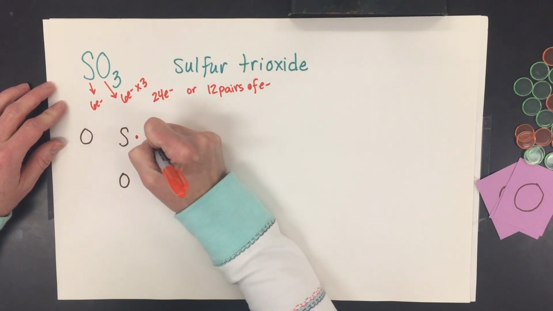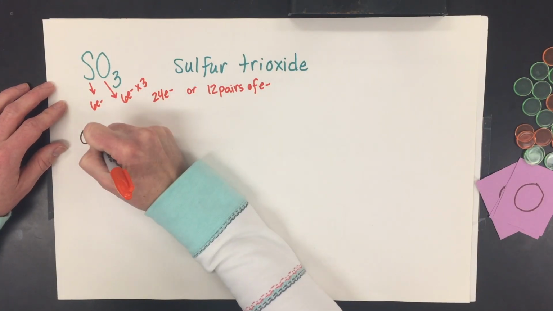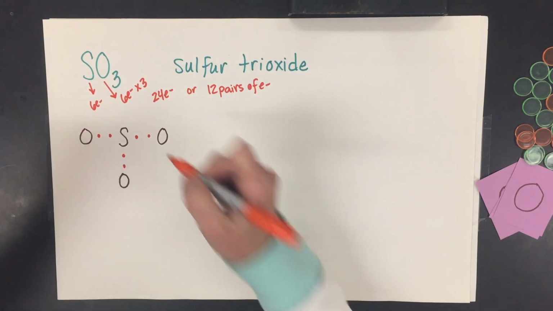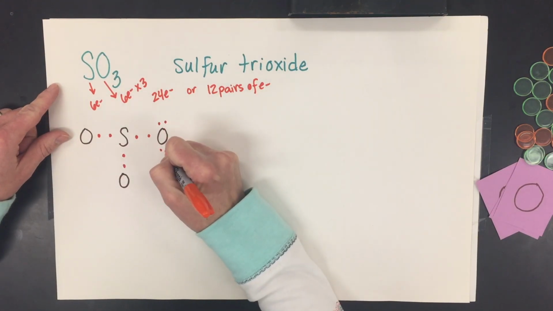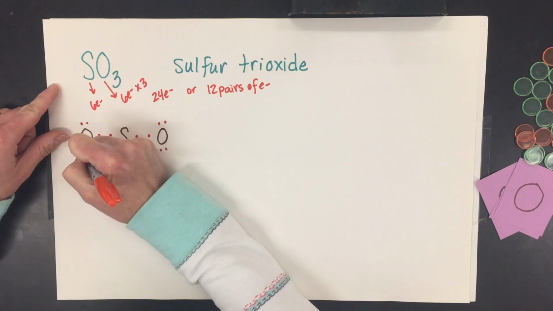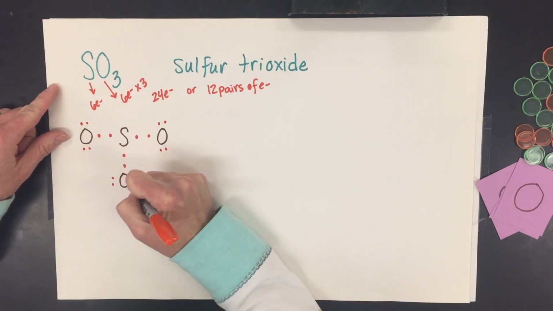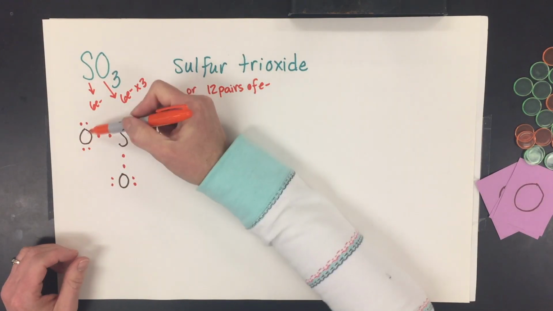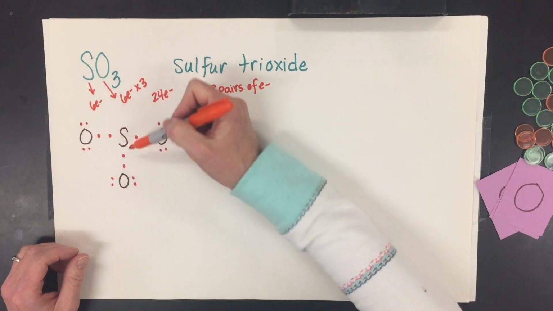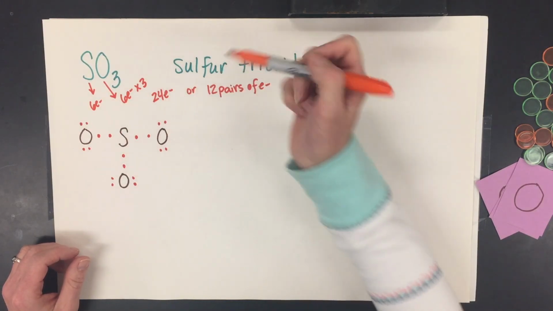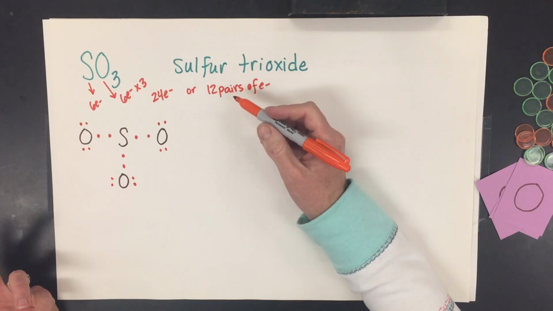So I'm just going to again bond these atoms, 1, 2, 3, 4, 5, 6, or 3 pairs. I'm going to give the oxygens their 2 sets of lone pairs. So I'm going to stop and total up what I have right now: 1, 2, 3, 4, 5, 6, 7, 8, 9 pairs. I only have 3 pairs left.